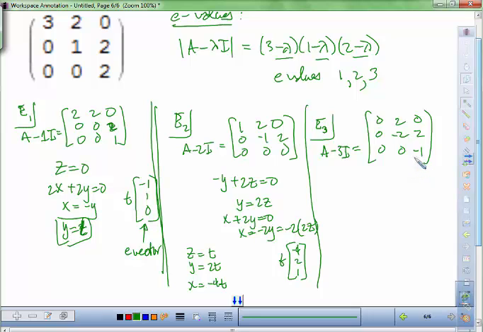Can it? Sure. I'll just cross it out. If you row reduce, you can add the first two rows and then multiply the third row by 2 and add it to the second row, and that'll disappear. So basically, you'll have z is equal to 0, y is equal to 0, and then your free parameter is x. So your eigenspace is going to be spanned by 1, 0, 0. Okay?